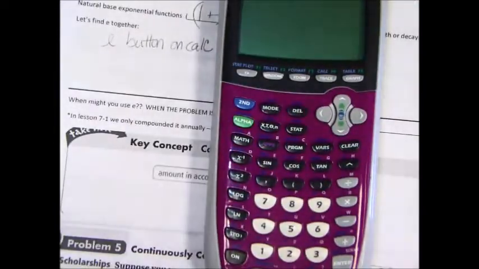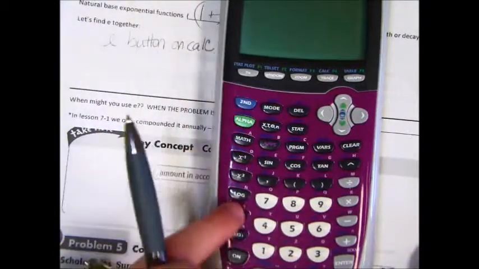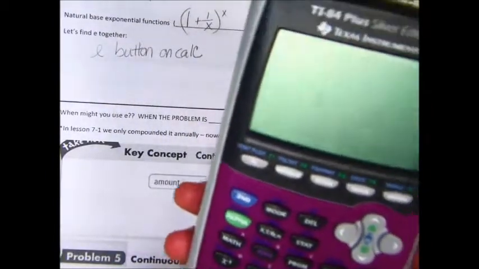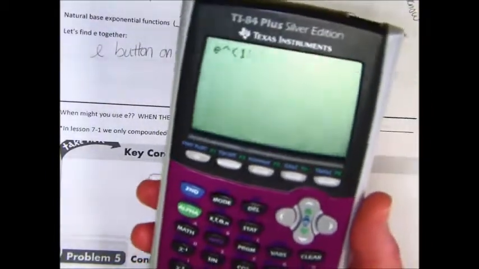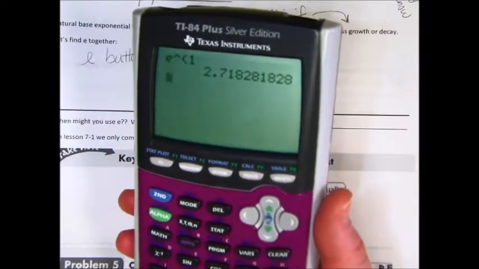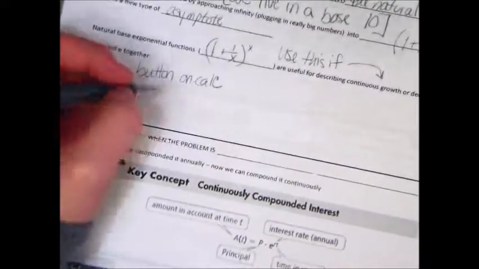By the way, ln stands for natural log, and this is the natural base. See if I hit second ln and I hit enter. Oh, good, I get a problem. If I hit second ln, I gotta type in a 1 here for the exponent. That is the value of e, 2.7182, and it goes on, just like pi goes on forever, e goes on forever.